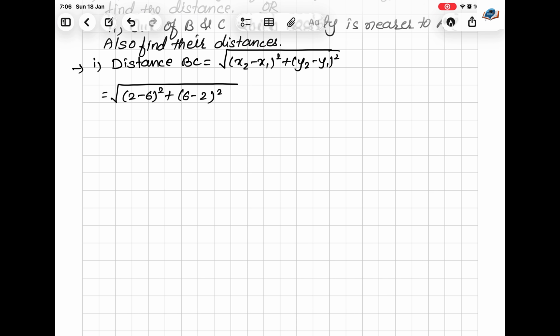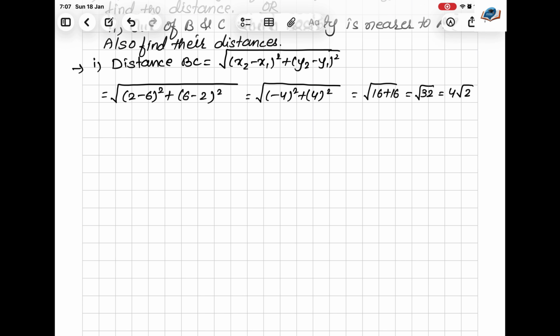So that will be (minus 4) whole square plus 4 whole square. So that will be 16 plus 16. So root 32. If root 32 I take out, I will get 16 into 2. So 16 if I take out, I will get 4 root 2. So my first answer is 4 root 2.